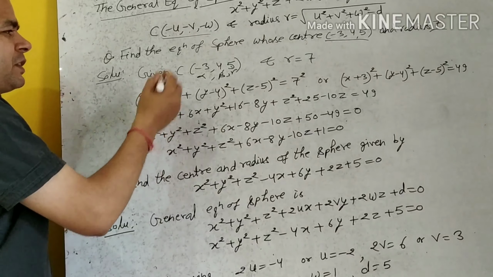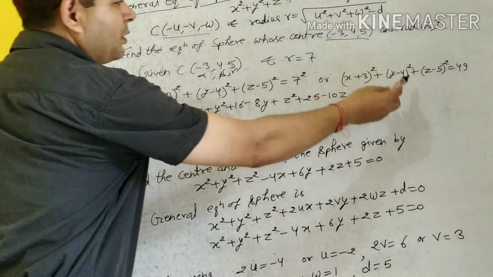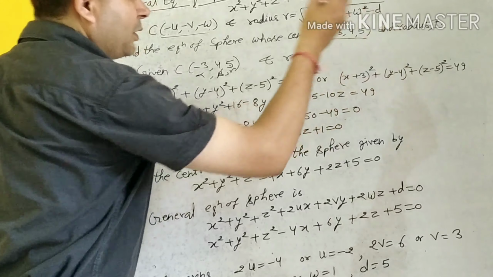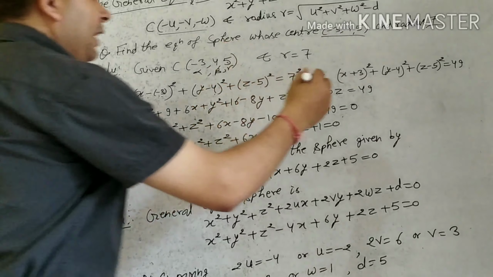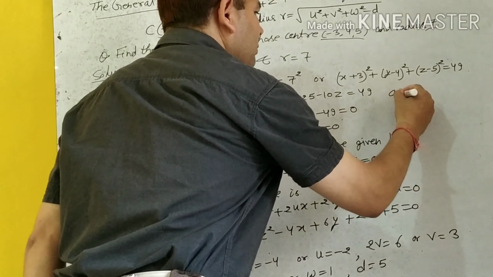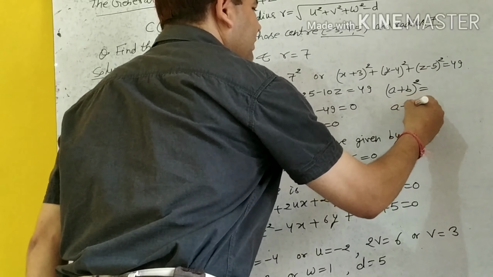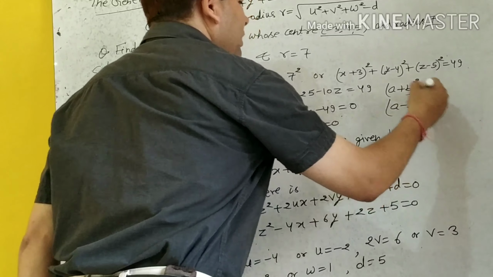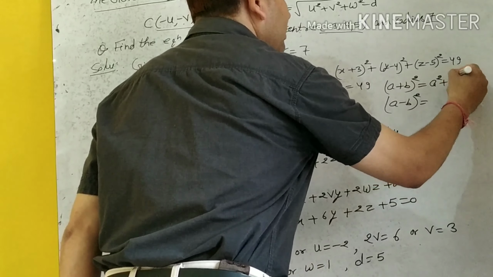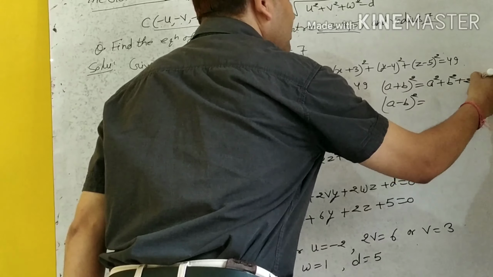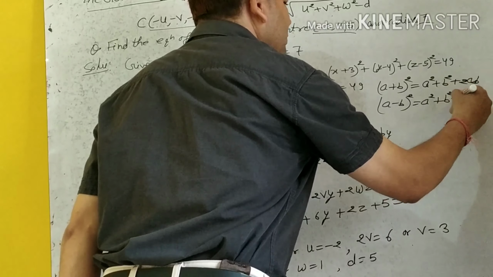Now minus becomes plus, so x plus 3 whole square plus y minus 4 whole square plus z minus 5 whole square equal to square of 7, that is 49. Now you will apply the identities for a plus b whole square, a square plus b square plus 2ab, and a minus b whole square, a square plus b square minus 2ab.